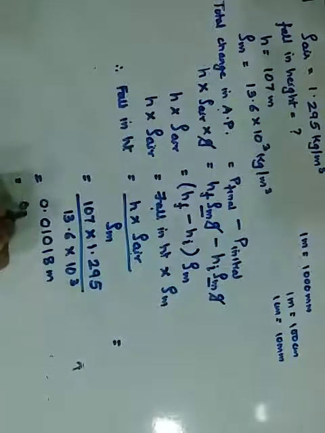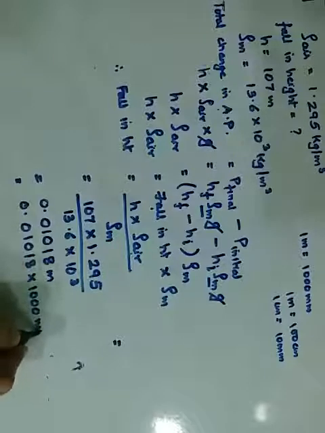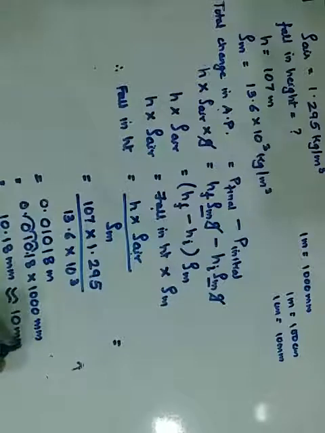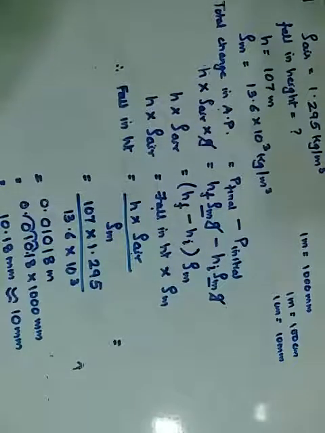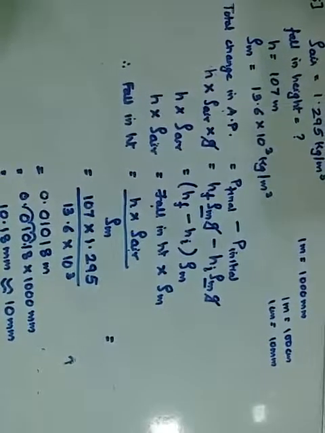Now when I convert it by multiplying by 1000, it gives you the answer in millimeters, which is a shift of 3 places. So it becomes 10 point something in millimeters, which we approximately consider 10 millimeters. So your answer is 10 millimeters, or the fall in height is 10 millimeters.